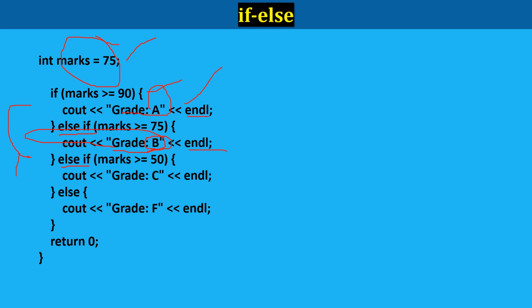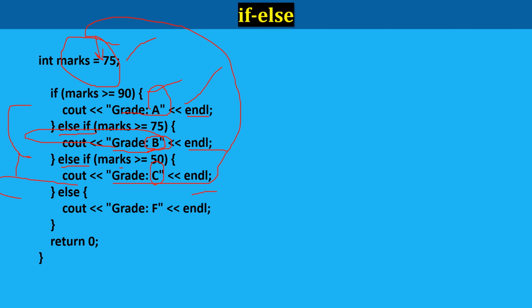If the condition in this else if block is true, the line is executed: marks more than or equal to 50 but less than 75, print grade C to the console and move to a new line.